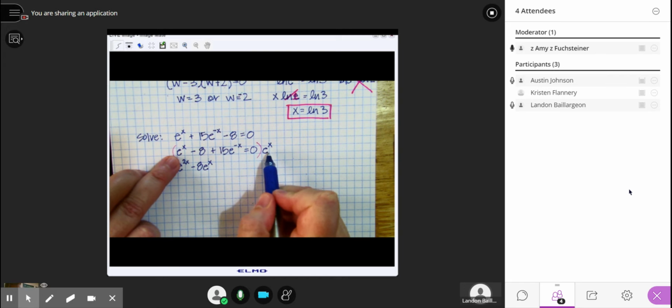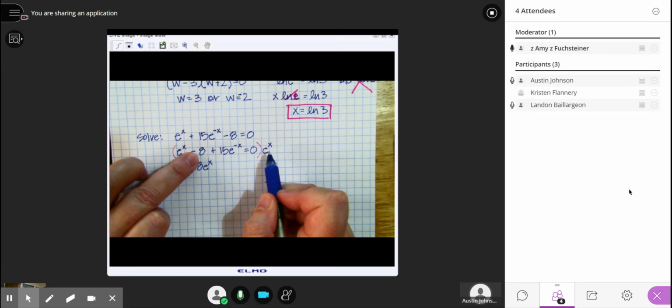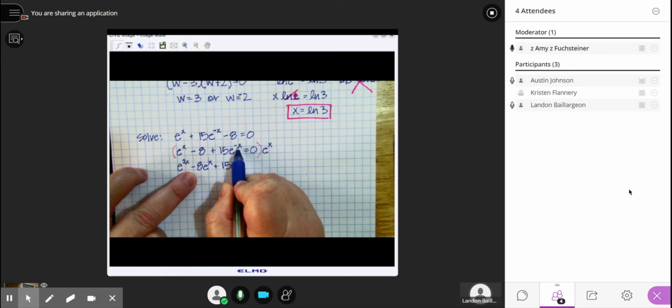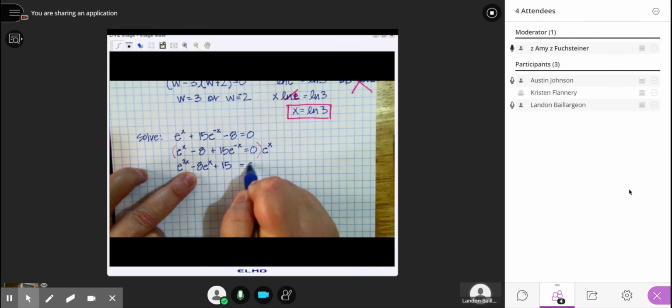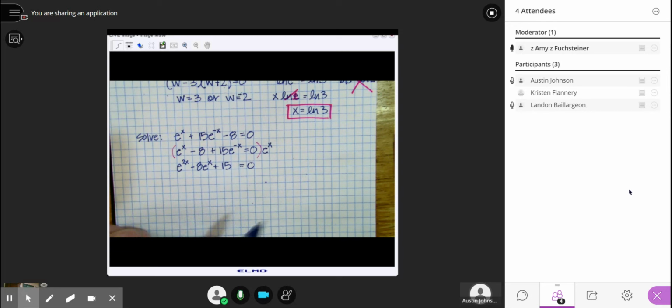Because when I do that, e to the x times e to the x would give me e to the 2x. Minus 8 e to the x plus 15 e to the negative x times e to the x would be e to the 0, which is just a 1. And then e to the x times 0 is still 0.